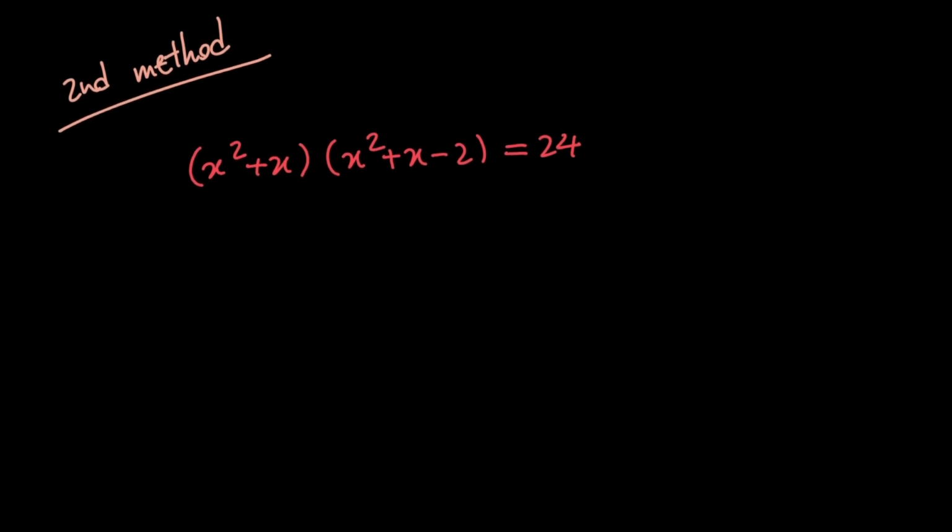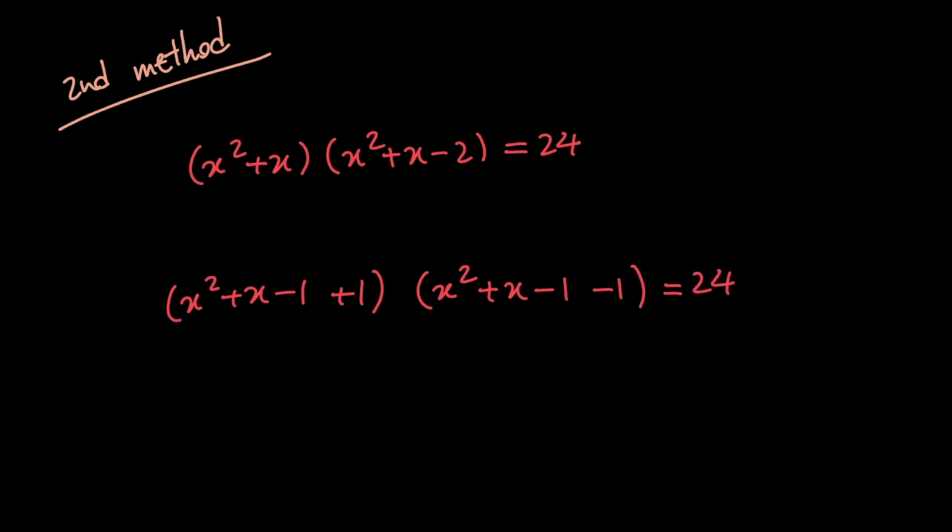Now notice that I can write the first one as x squared plus x minus 1, and then plus 1. And then I can write the second factor as x squared plus x minus 1, minus 1. Now, if you look at this, you can see that we have two conjugates multiplying each other.